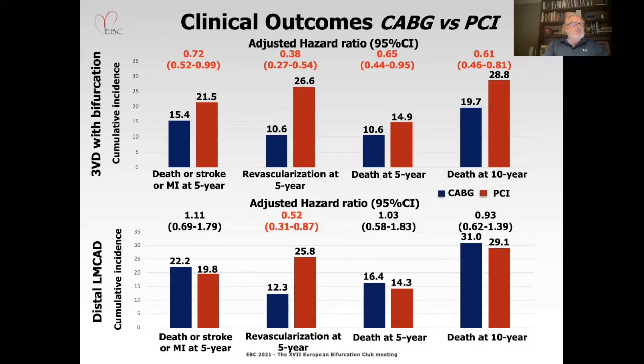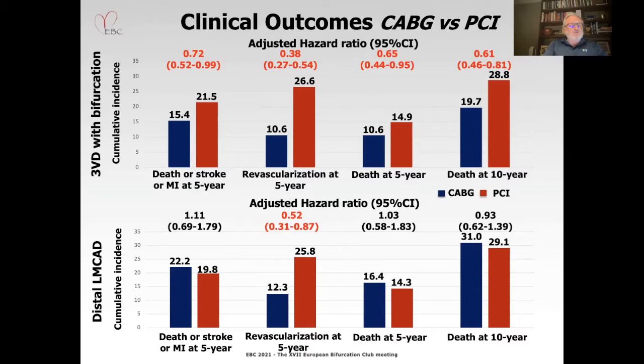In 3-vessel disease, all the hazard ratios are in favor of surgery. Death, stroke, MI at 5 years, 0.72; revascularization at 5 years, 0.38; death at 5 and 10 years, 0.65 and 0.61.